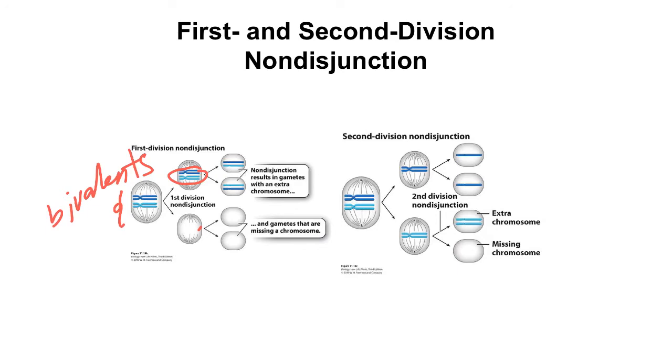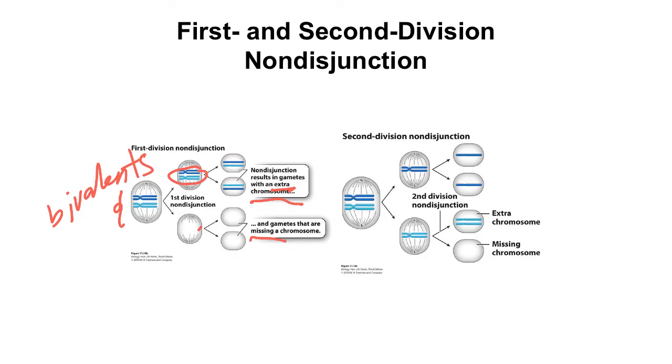Of course, this happens within the context of many different bivalents that might be separating normally. So this is usually a case where only one pair becomes defective in the separation of the homologous chromosomes. If this happens, the pair that went through non-disjunction will create daughter cells that will have an extra chromosome after meiosis 2, or gametes that are missing a chromosome.